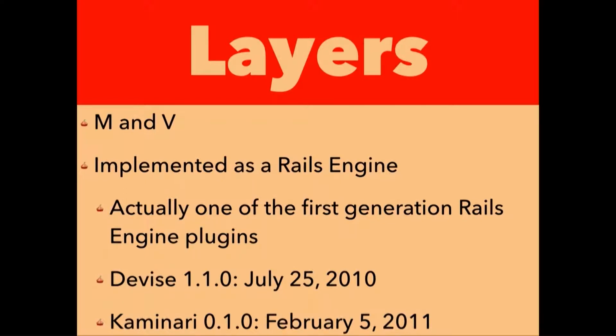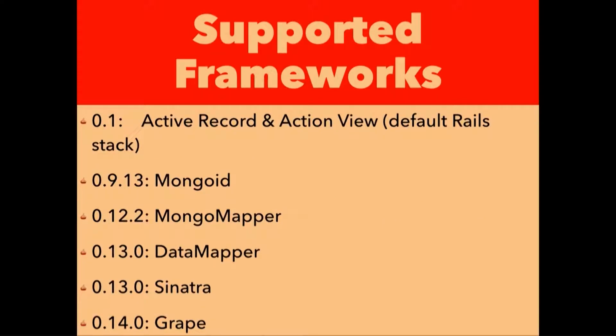As far as I know, Devise is the only Rails engine plugin that existed before Kaminari, right? And as I said, Kaminari supports multiple frameworks, as shown in this list. It initially supported only the default Rails stack, Active Record and Action View. Then it gradually added support for frameworks like these.